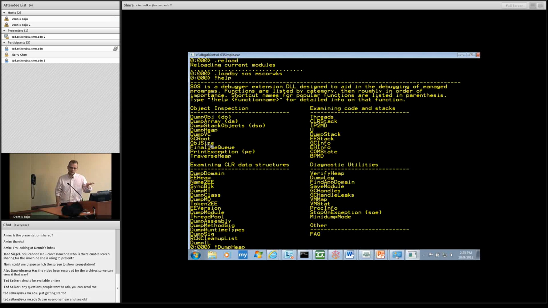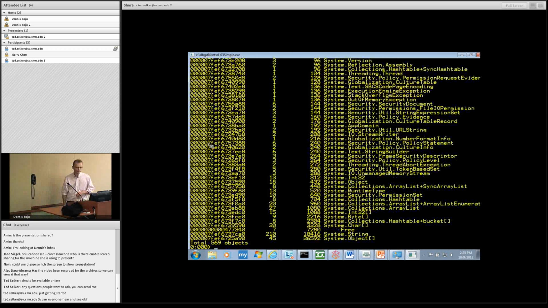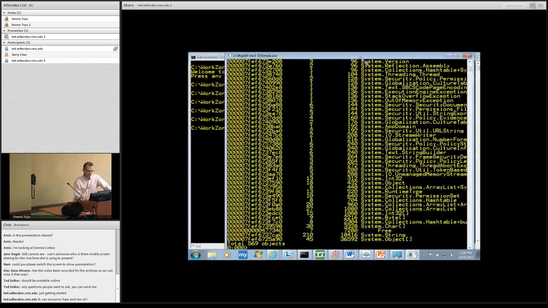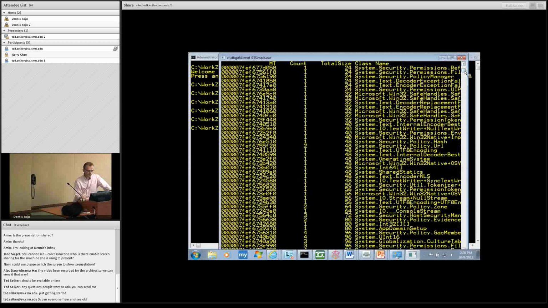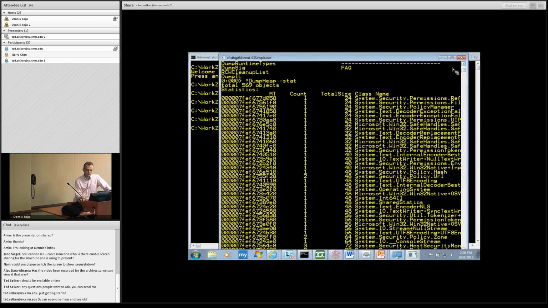In native code, you would use some other tools. But on the managed code side of things, because it is far more self-descriptive, the managed heap itself, the CLR heap, has auxiliary metadata attached to it. So if I did dumpheap, which is an SOS command, with -stat, and just pretend that this is an app that's using 10 gigs of memory right now, it gives you a statistical breakdown of everything on the managed heap.